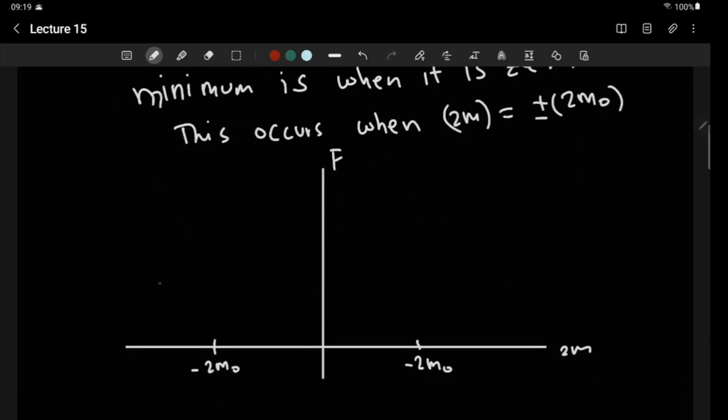So this will work. Let me draw some things and connect.